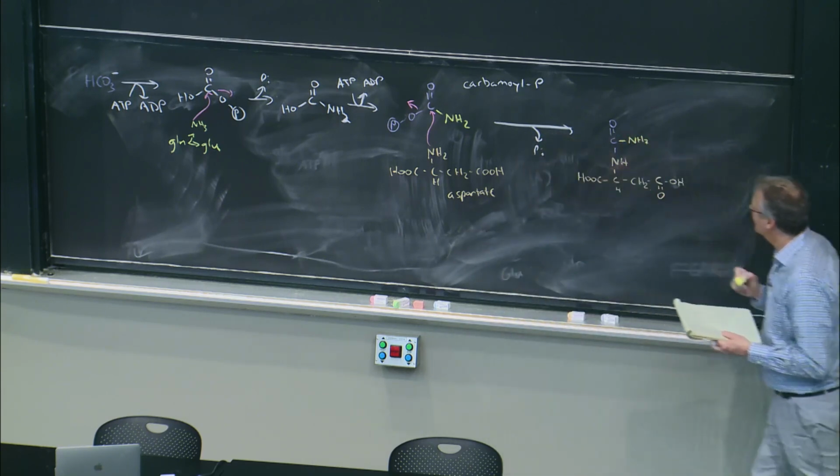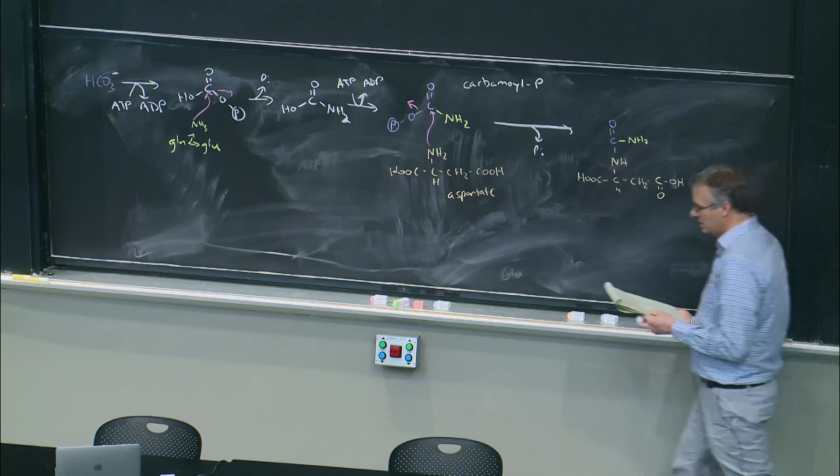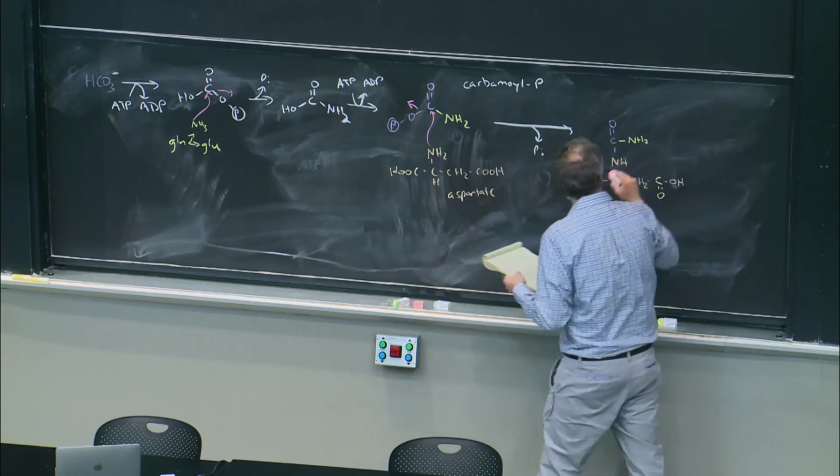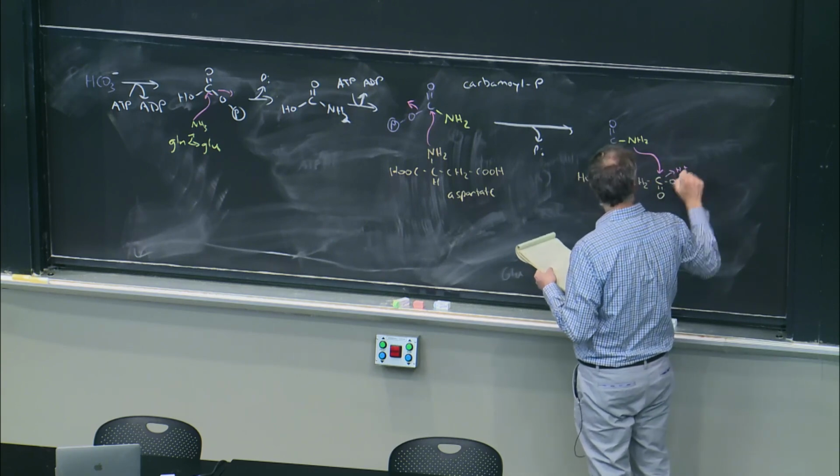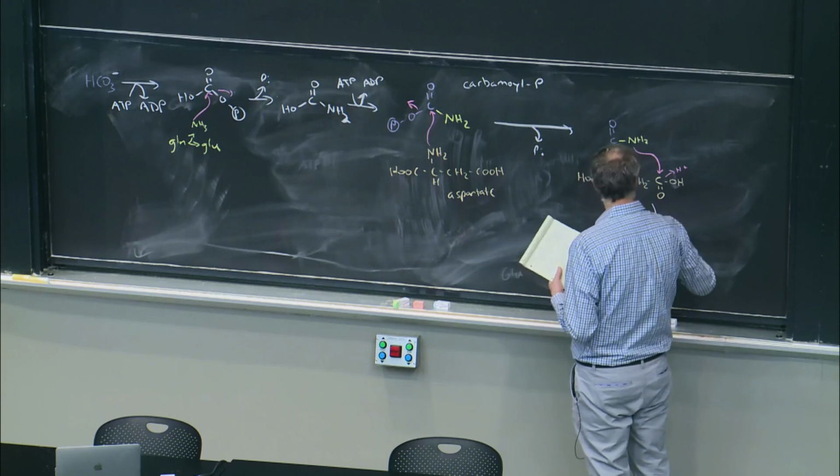Okay, so that generates that intermediate. This can now undergo ring closure like that.